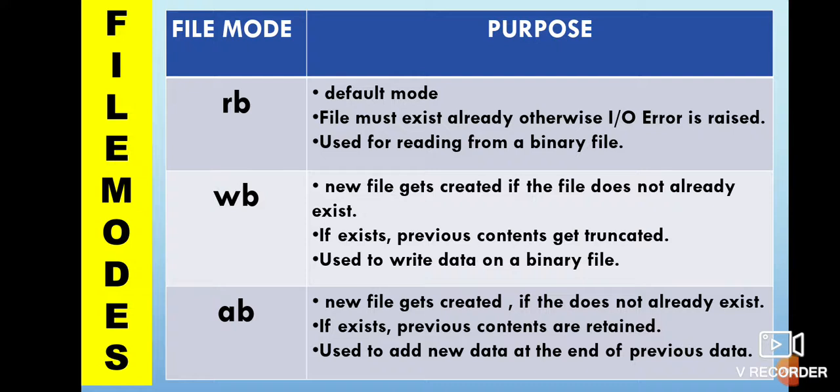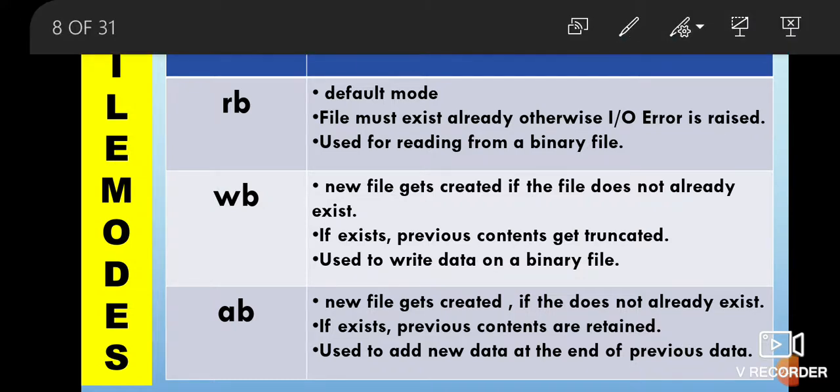So the first file mode is RB. As you know that R stands for reading, and therefore this particular file mode is used to read data from a binary file. Okay, so B indicates binary file. Then this is the default mode also, means if you do not specify any mode, then RB will be the default mode which will come automatically.